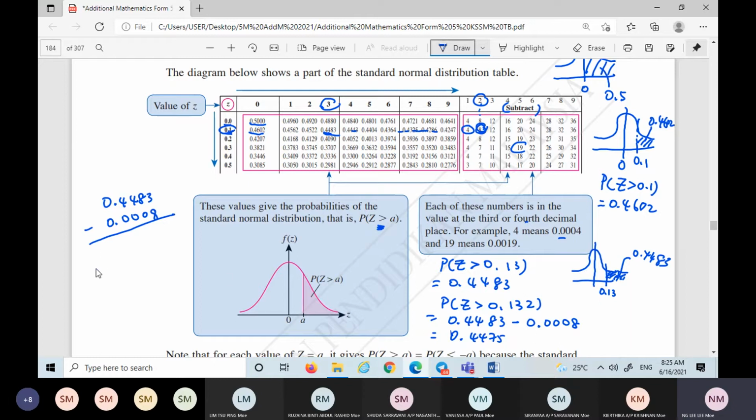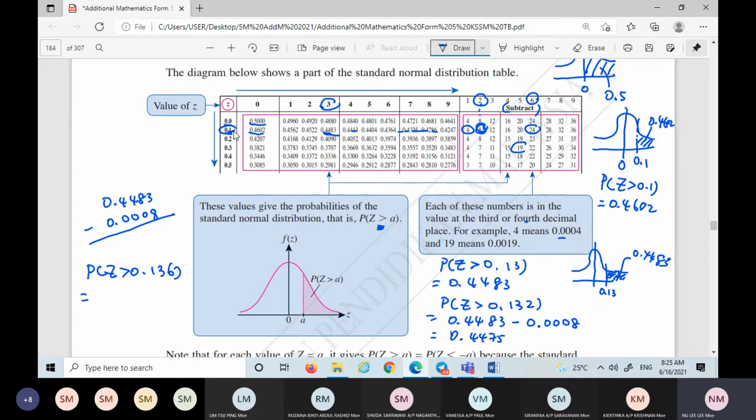So how about this? Now let's say 0.136. Same thing. The 6 is here, so you have to subtract 24. If it is 2 digits, it means the third and the fourth decimal place.